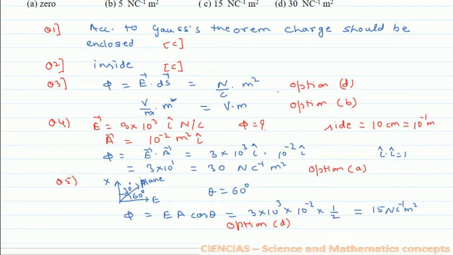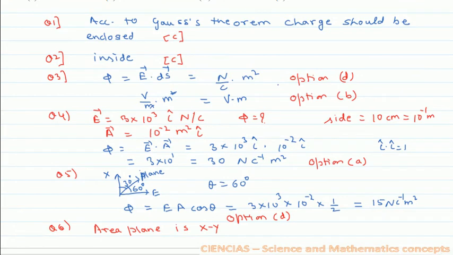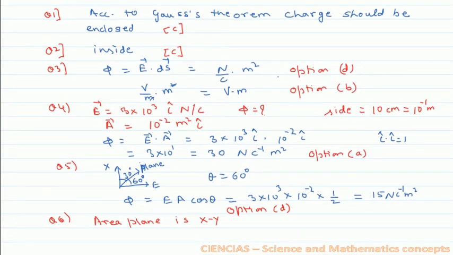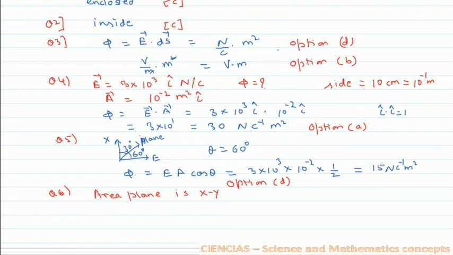Now the sixth question. In question 4 above, what is the flux through the square if its plane lies in the xy plane? Now the area plane is xy. The area vector is 10 to the power minus 2 meter square. The axis perpendicular to the xy plane is the z axis, so k cap.